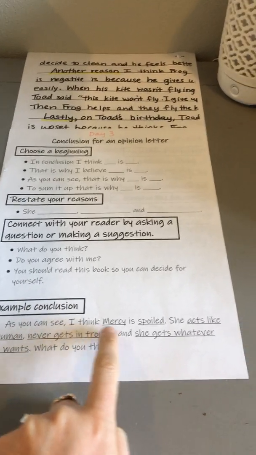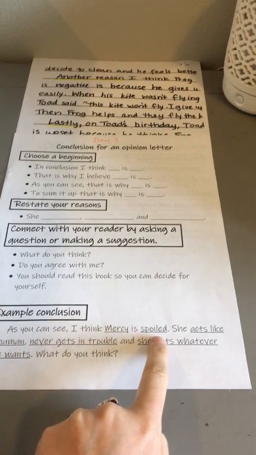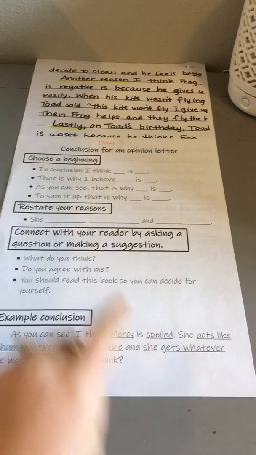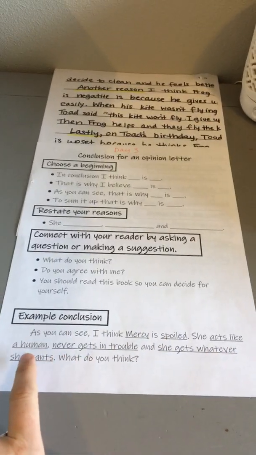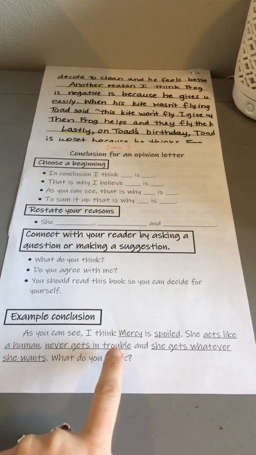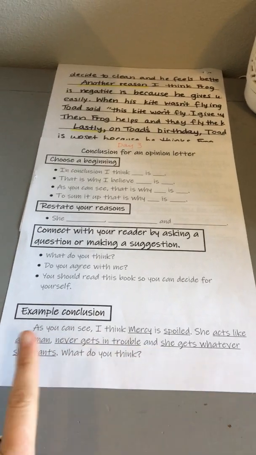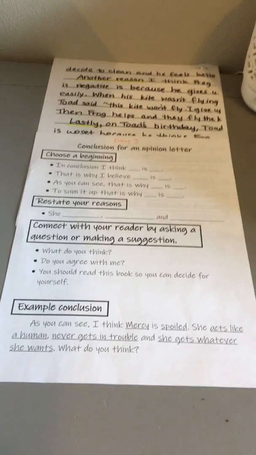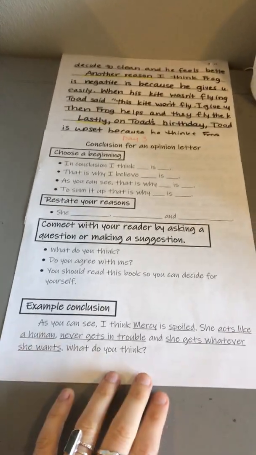As you can see, I think Mercy is spoiled. Now we're going to talk about our reasons. She acts like a human, never gets in trouble, and she gets whatever she wants. What do you think? I happen to agree with that. I do think Mercy is spoiled.